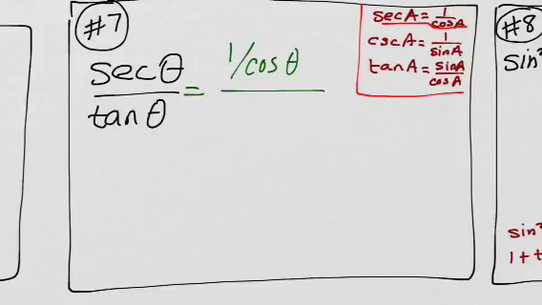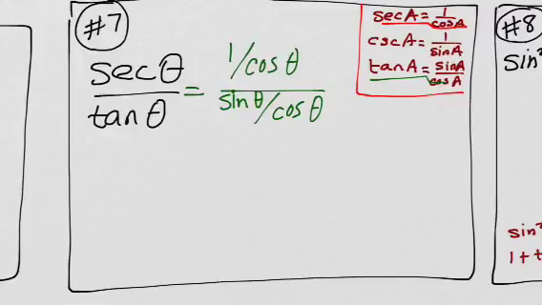And that's already part of a fraction there. So the denominator for that fraction, the tangent, also has an equivalency here. That's the sine of theta divided by the cosine of theta.